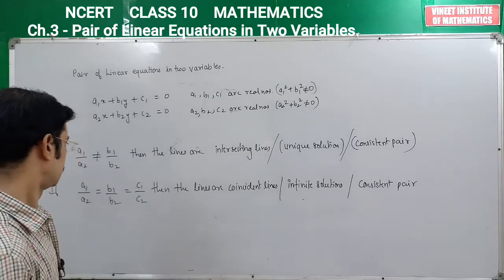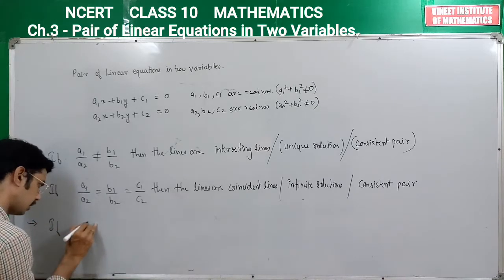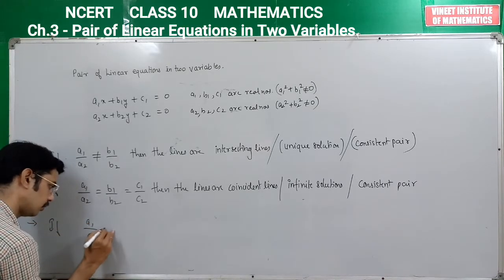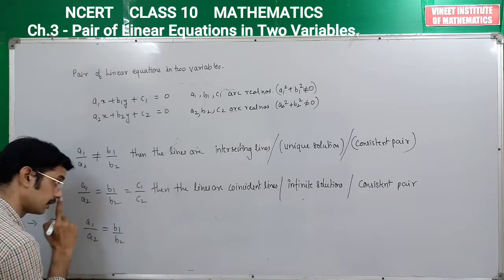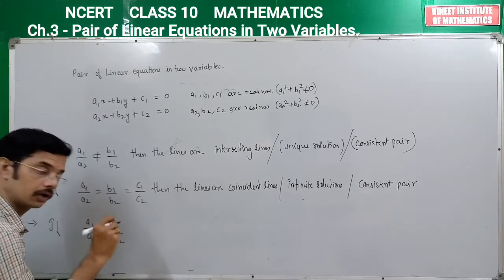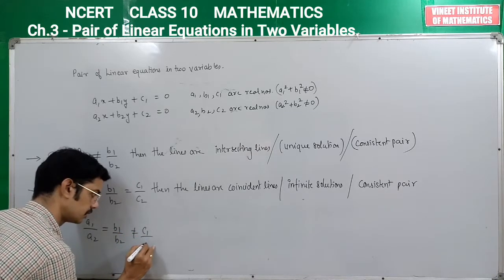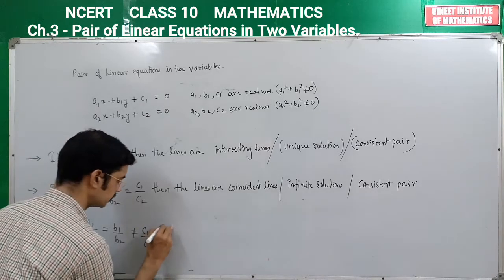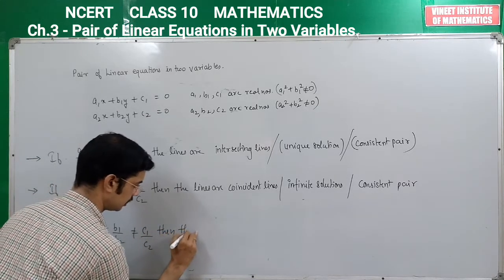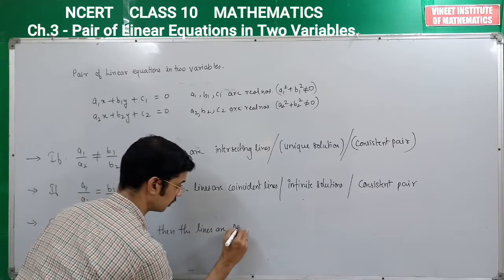consistent. Now let us consider the situation where a1 by a2 is equal to b1 by b2 but not equal to the last ratio c1 by c2, the ratio of the constants. Then the lines are parallel.